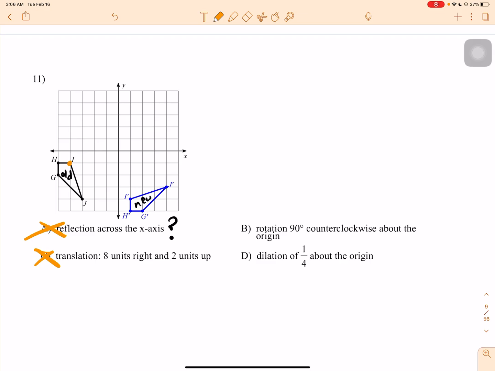A rotation. First, I want to look at dilation and show you guys more about the concept of eliminating answers. Dilation of 1/4 about the origin. That means the distance away from the origin is where my new shape should become.